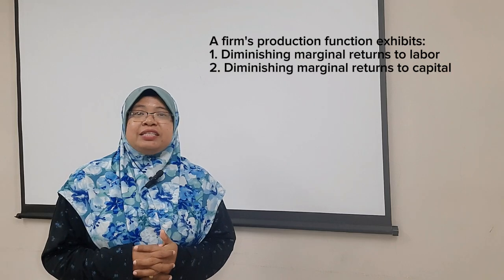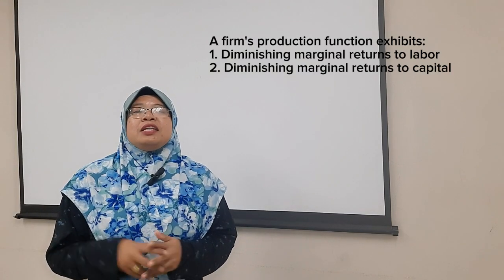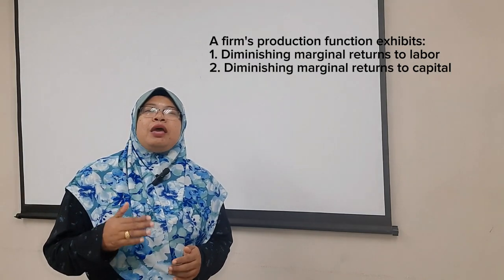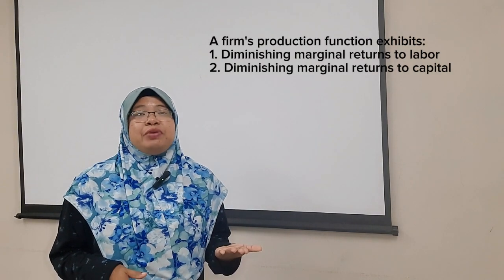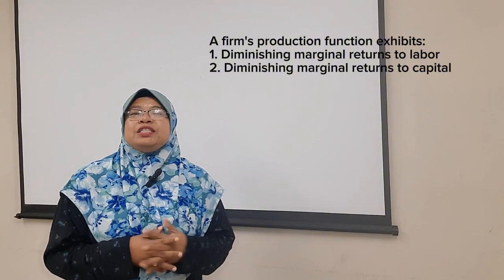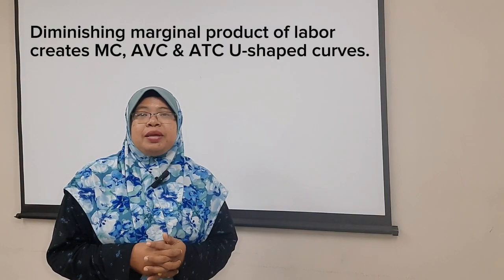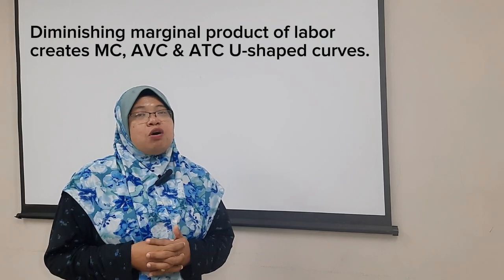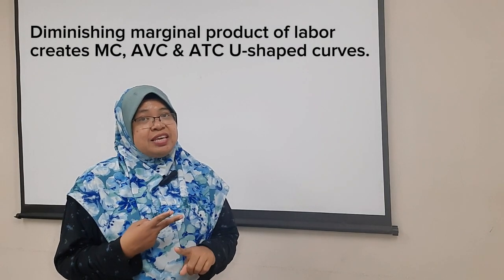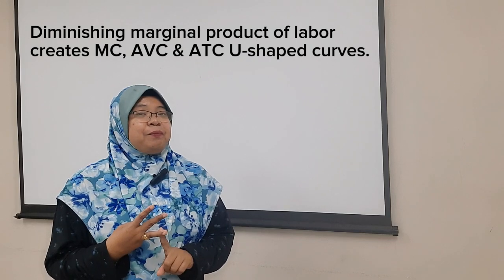A firm's production function exhibits diminishing marginal returns to labor for a given plant and diminishing marginal returns to capital for the quantity of labor. For each plant, diminishing marginal product of labor creates a set of short-run, U-shaped cost curves for MC, AVC, and also ATC. Now we look at short-run cost and long-run cost.